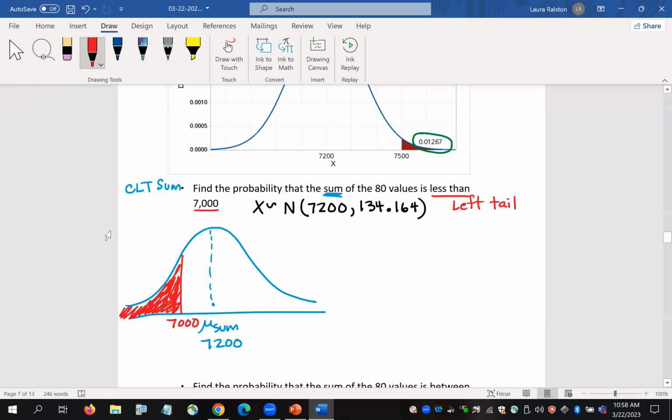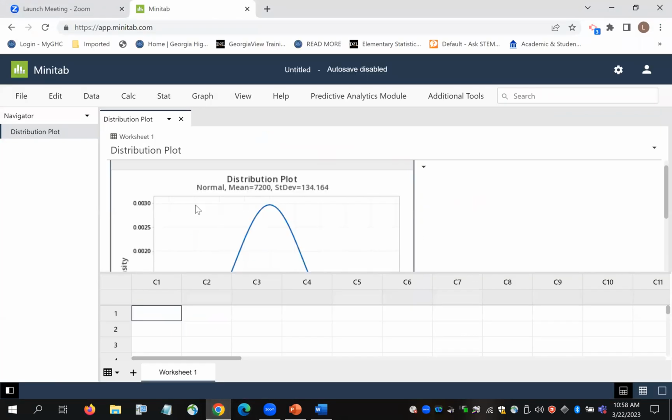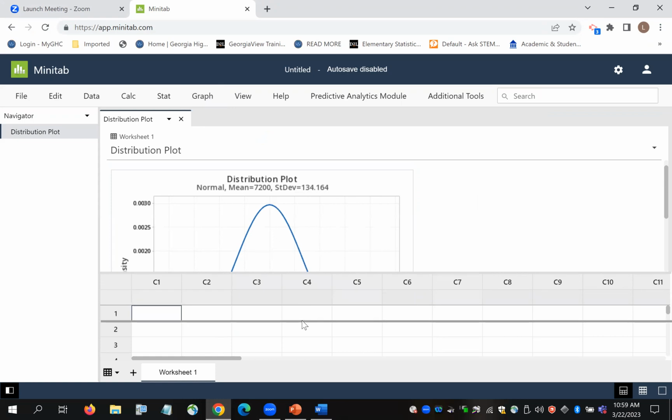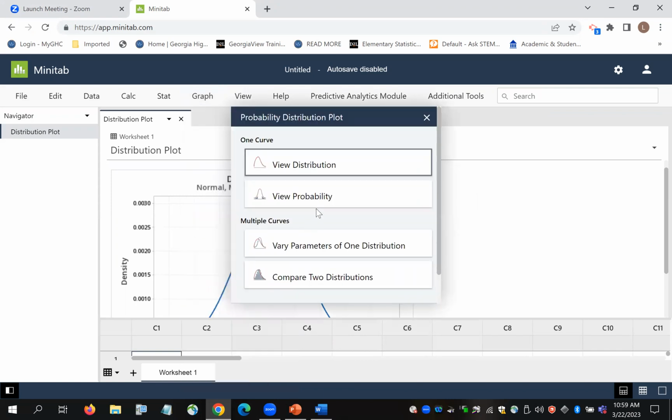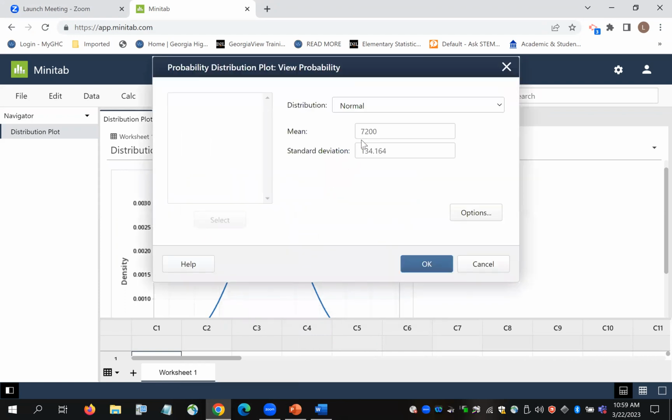We go out to Minitab. Graph. Probability distribution plot. One curve. We want to view the probability. It is normal. The mean is 7,200.